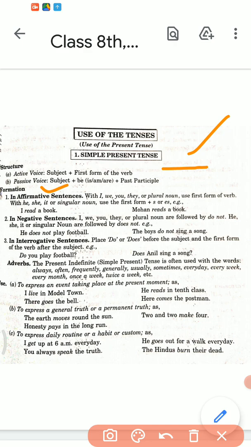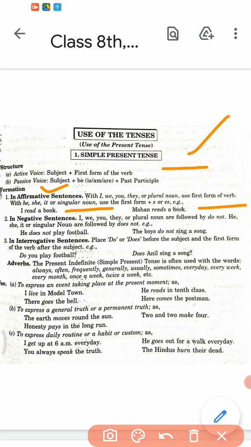In affirmative sentences, with I, we, you, they or plural noun, we use first form of verb. With he, she, it or singular noun, we use first form plus s or es. For example, I read a book. Mohan reads a book.